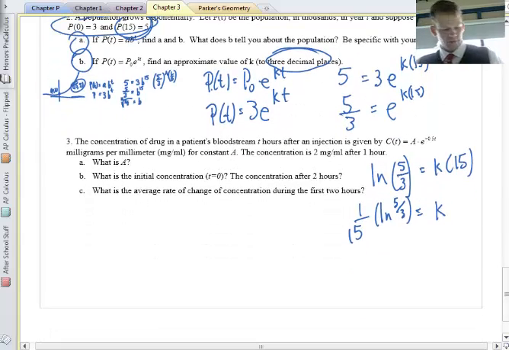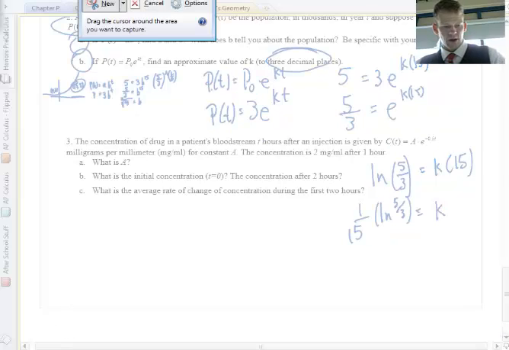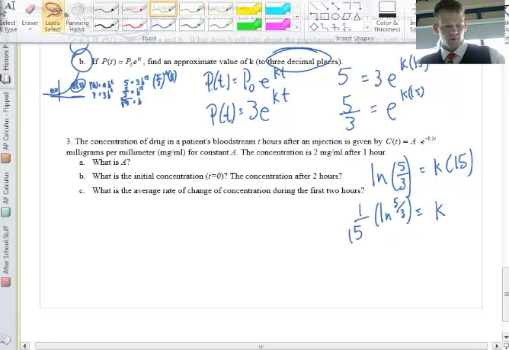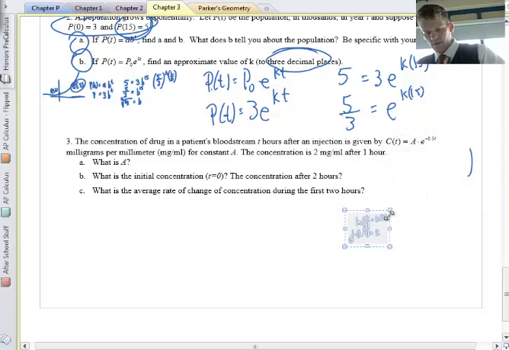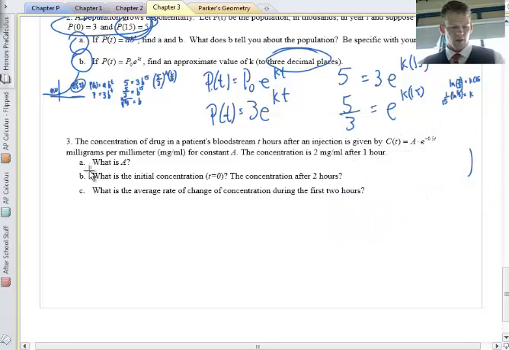And for the last part, let me just erase or minimize this. The problem asks: the concentration of a drug in a patient's bloodstream t hours after injection is given by this function. It's exponential decay because of the negative.